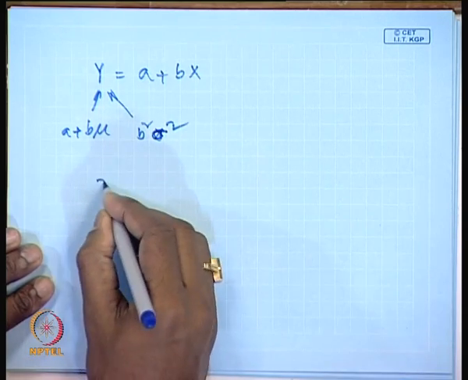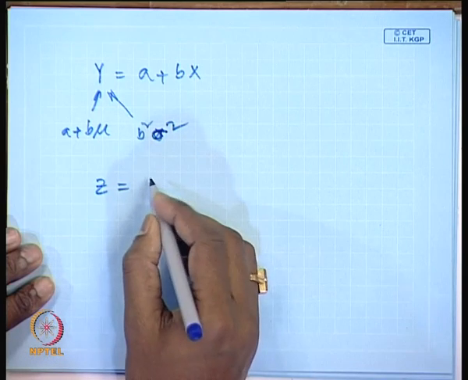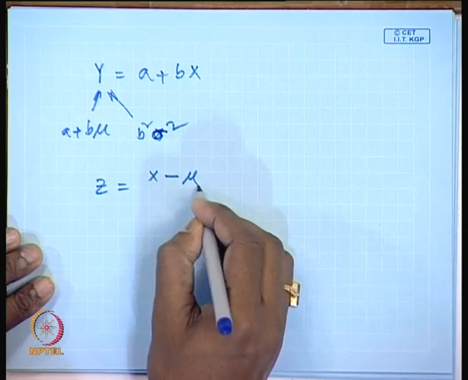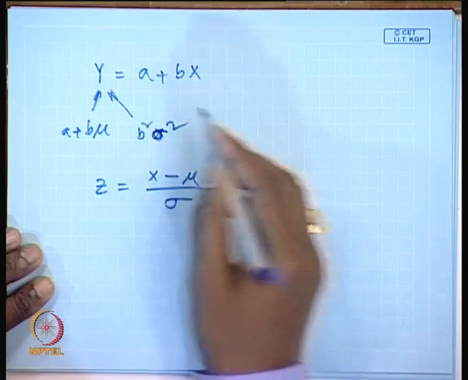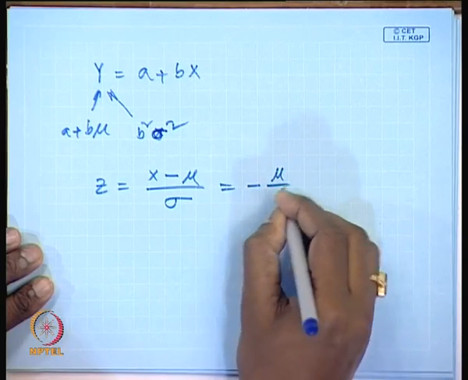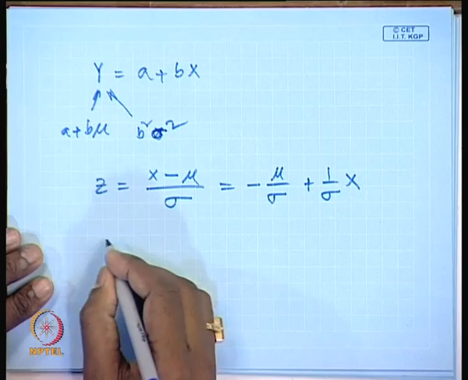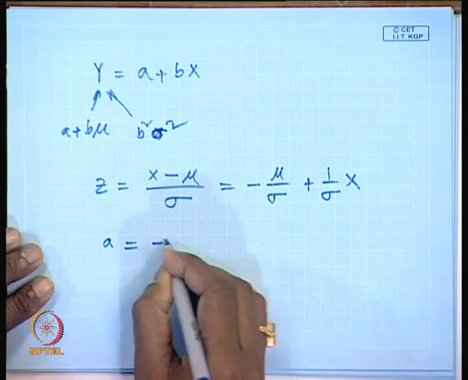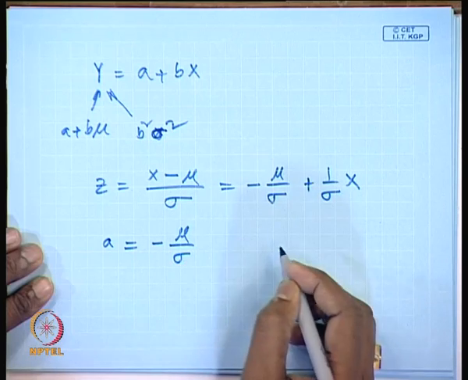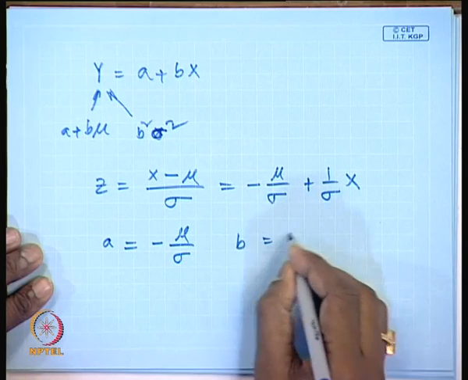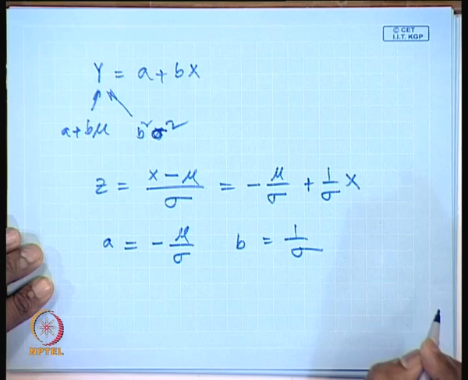Now, what we are doing here, the conversion is just z is equal to x minus mu by sigma. If I write it in that form, that is minus mu by sigma plus 1 by sigma x. So, here your a is equal to minus mu by sigma and your b is equal to 1 by sigma.